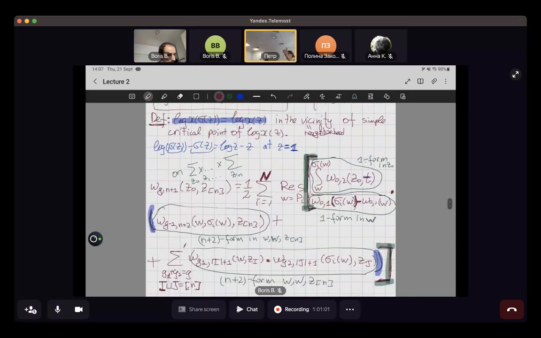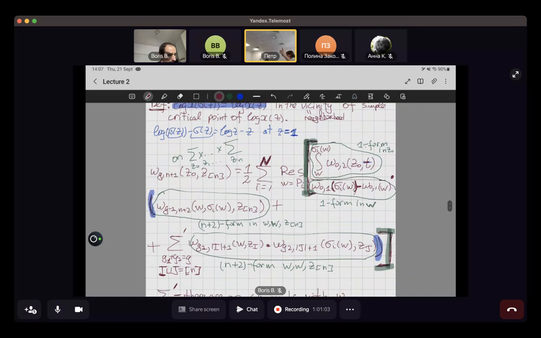Here we use, of course, the definition of the residue of a one form, when we get a number out of a one form. That's why the remaining dw cancels by taking the residue. Is it clear? So there are no skew products. Everything is symmetric.